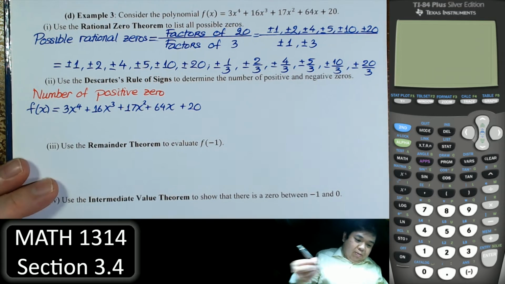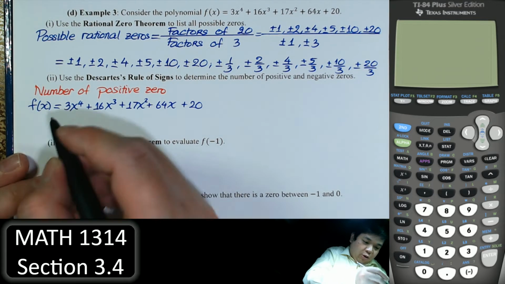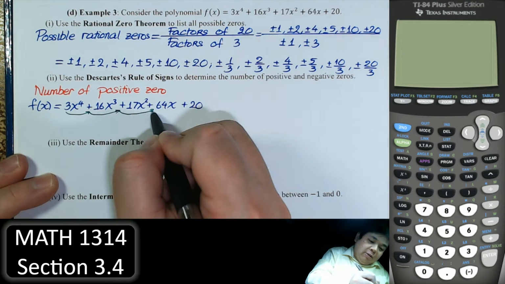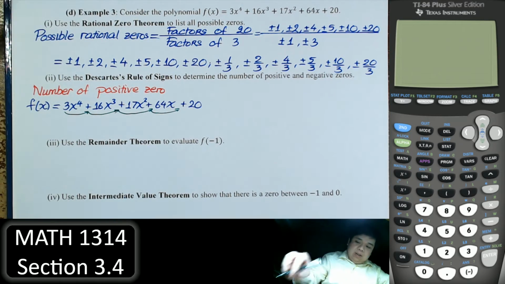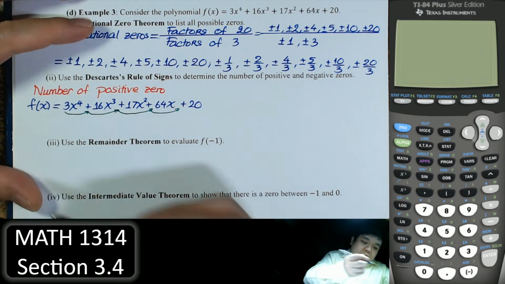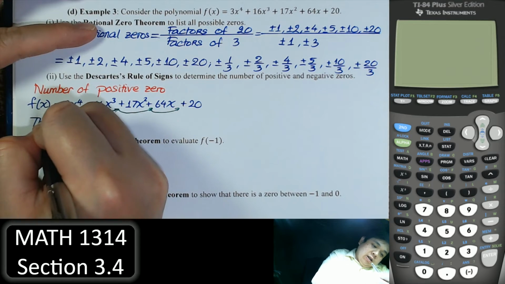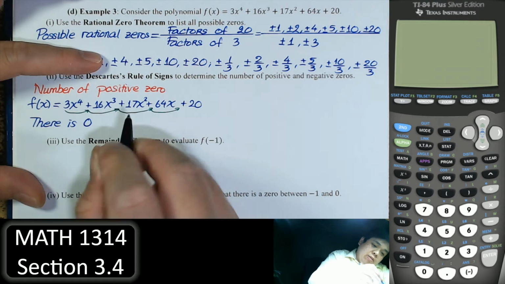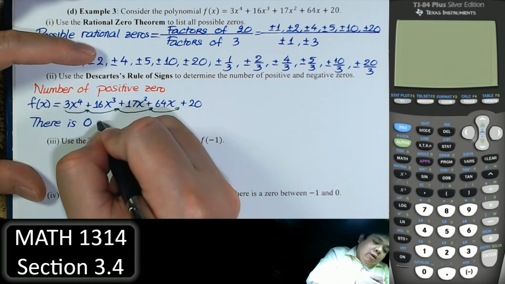You might actually have the solution already. No sign change here. All of them are positive, so no sign change. Since there's no sign change, there are 0 positive zeros.